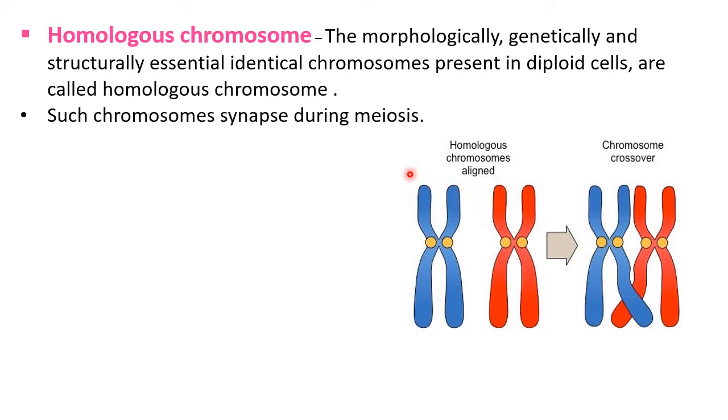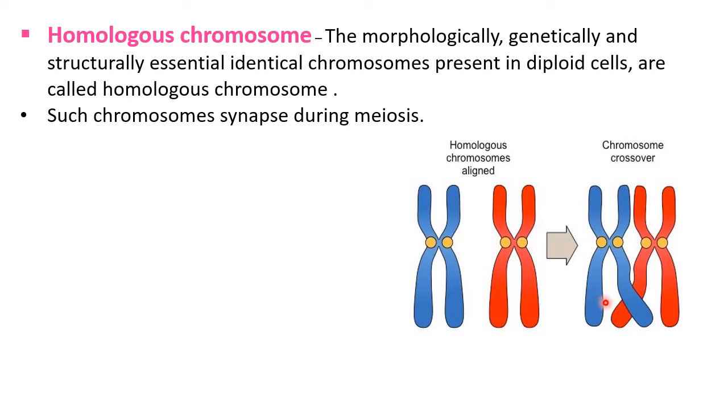Then these homologous chromosomes, that is paternal and maternal, come near each other and get attached with each other. This phenomenon is called synapsis. So these maternal and paternal chromosomes come near each other, get attached, and this process is called synapsis.